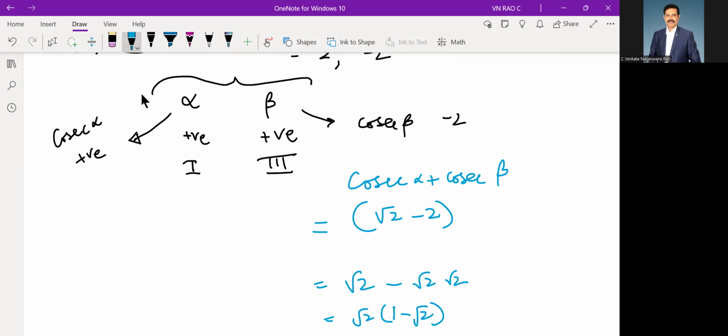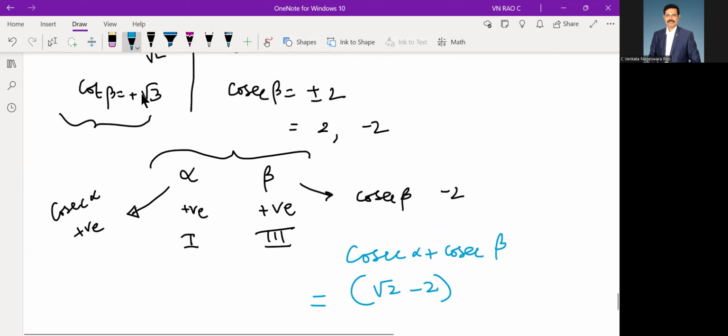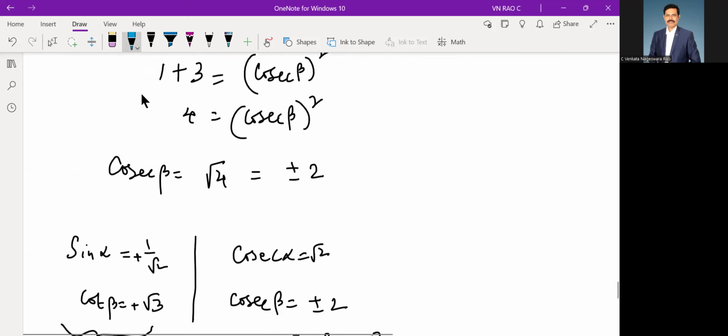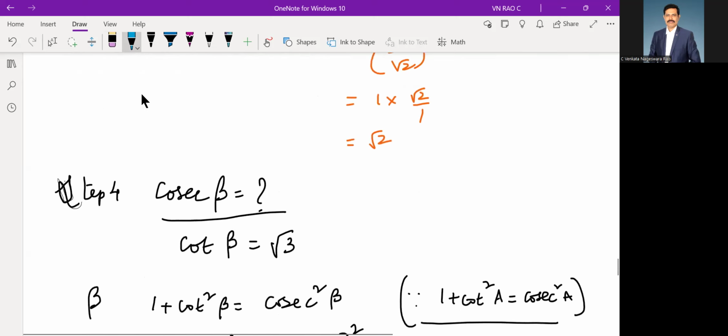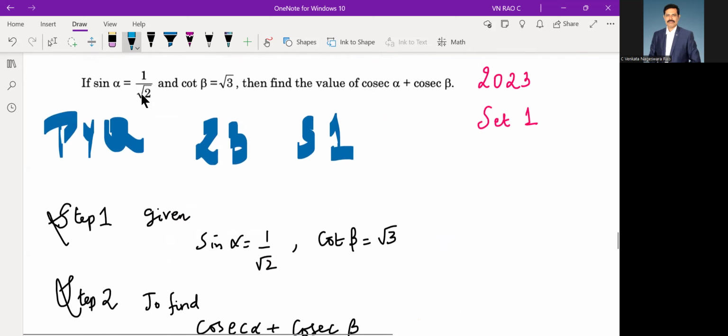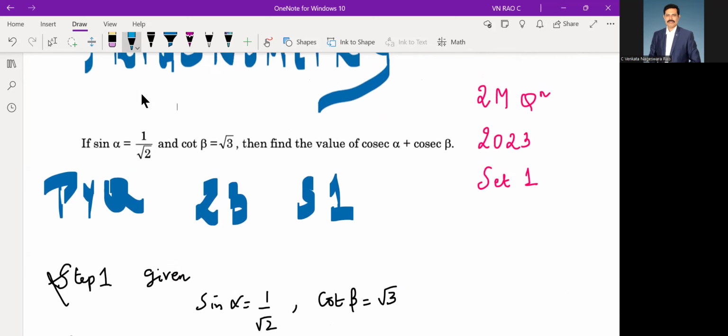One more justification is that nothing is mentioned about angles in this particular question. You can say alpha and beta lie in the first quadrant, then directly approach it with both as positive and choose it.